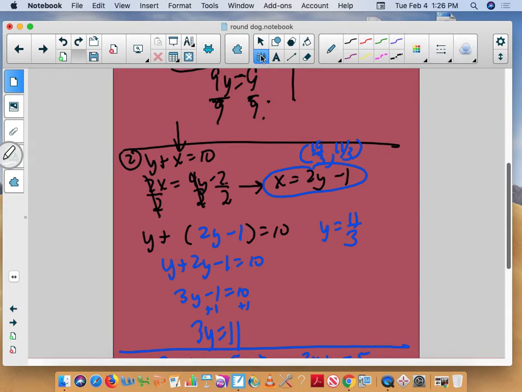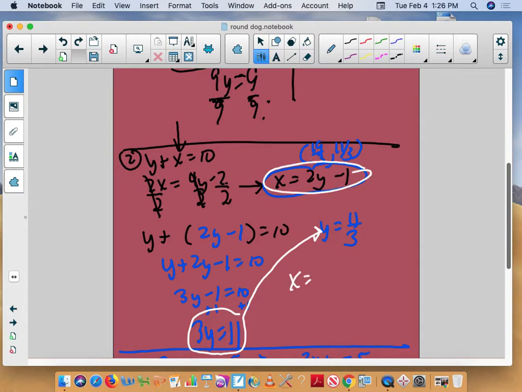So, Daniela, I had gotten to this point with my substitution and divided by 3, and I knew y was 11/3. I got to go back and fill it in anywhere I want to, and I chose this. So I'm going to say x is equal to 2y minus 1. This is like 2 over 1. So x is equal to 22/3 minus 1. What can you change 1 into?